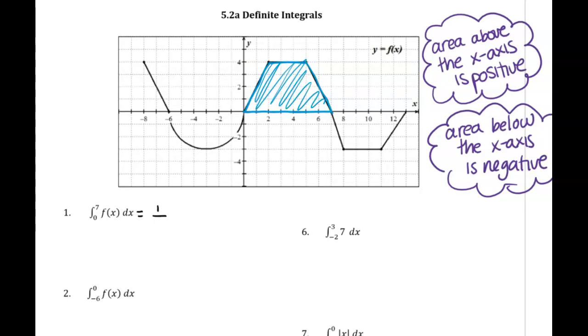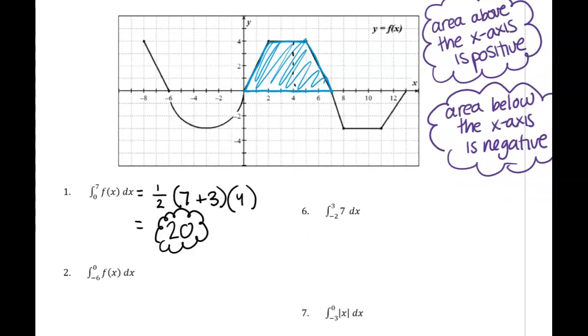So we have 1/2 times base 1, which is 7, plus base 2, which is 3, times our height, which is 4. So that's 1/2 times 10, which is 5, times 4, which is 20. So the area under the curve of f of x, or the integral of f of x from 0 to 7, is 20.